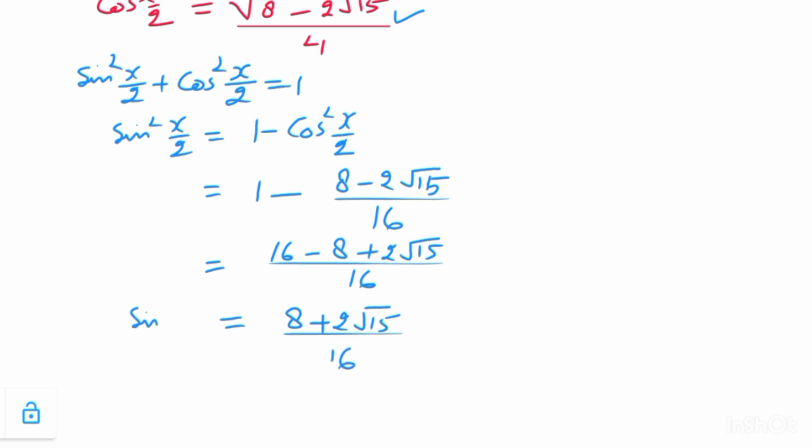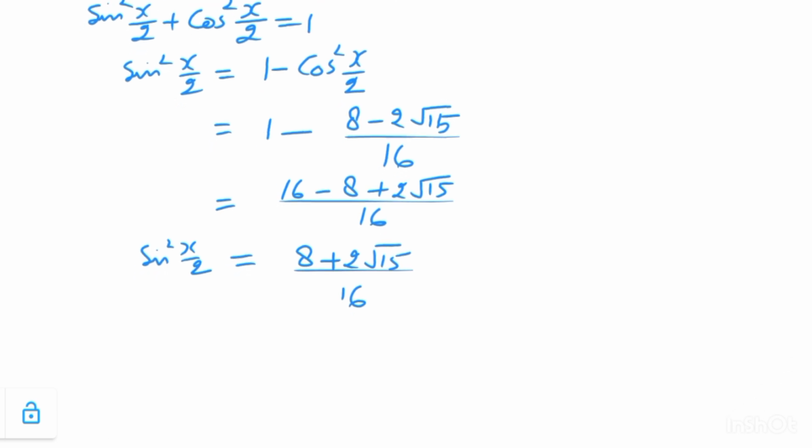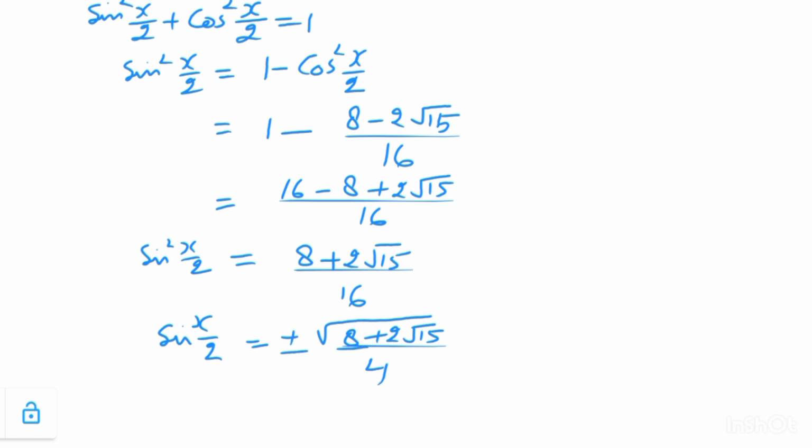This is the value of sin square x by 2, and sin x by 2 will be equal to square root of 8 plus 2 root 15 upon 4, and this will be plus minus, but the value lies in the first quadrant, so we will take only the positive value, that is square root of 8 plus 2 root 15 divided by 4.